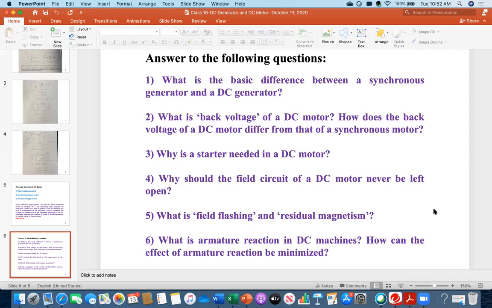So therefore, I would say about 30% of the syllabus is remaining. We are almost done about 70%.